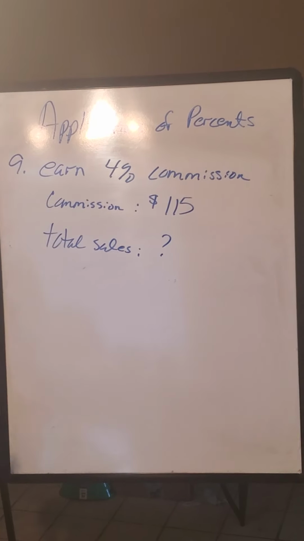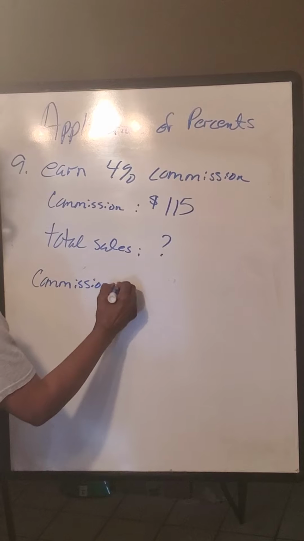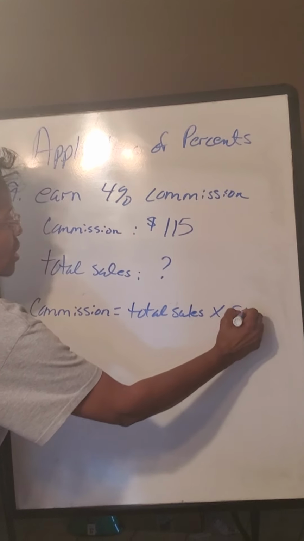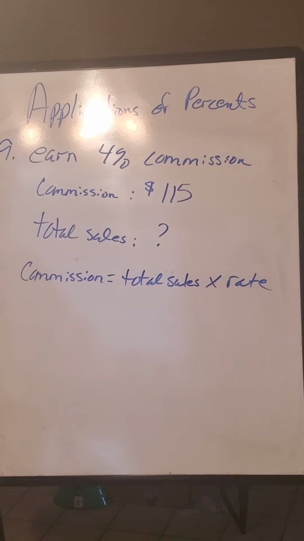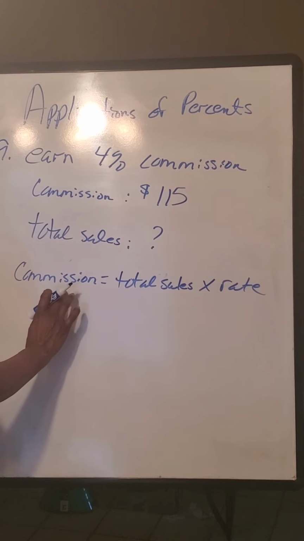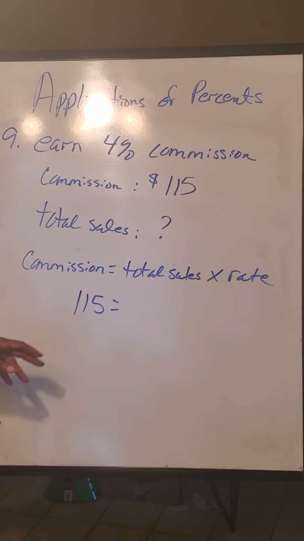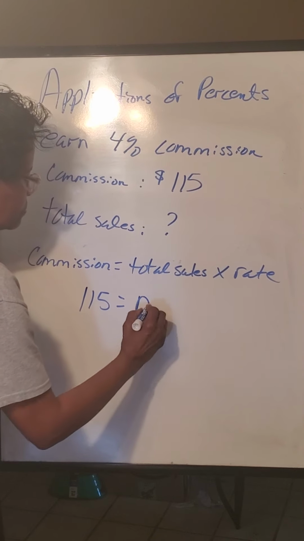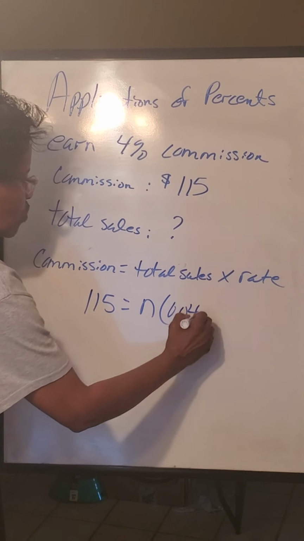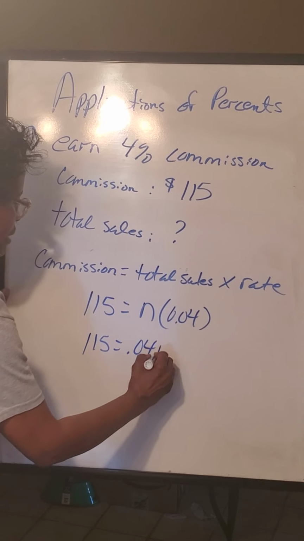So remember, commission is equal to total sales times your rate. Okay? So let's substitute what's known to us. We know our commission, so in the place of commission, I'll put the 115, right? My total sales is unknown to me, so I'll use a variable. And I'm going to multiply it times my rate, which is 4%, which is 0.04. So what I have here is 115 is equal to 0.04 n.